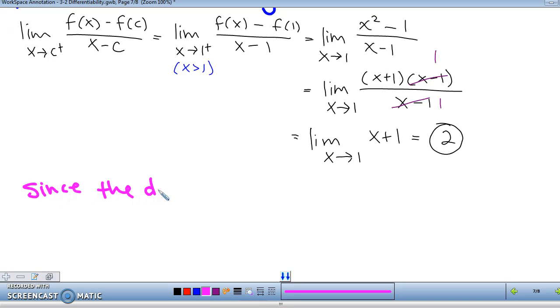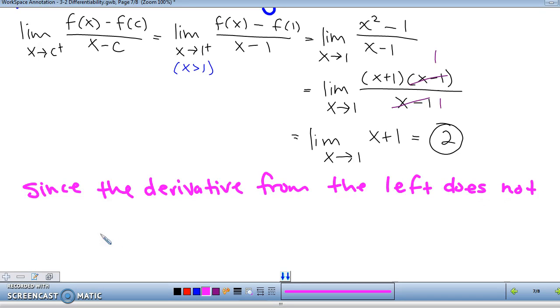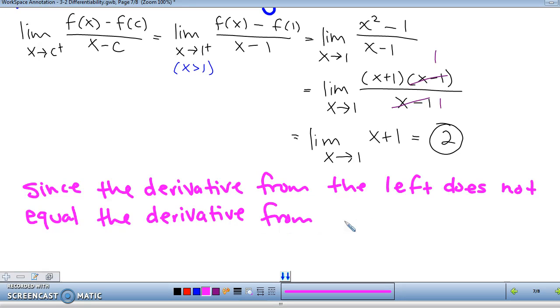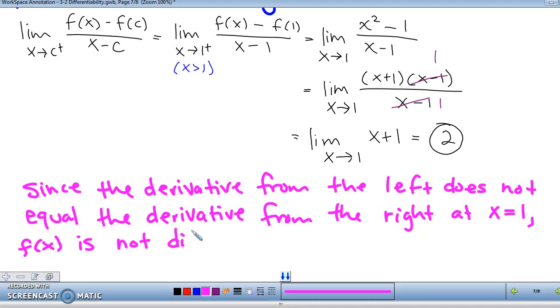Since the derivative from the left does not equal the derivative from the right at x equals 1, f of x is not differentiable at x equals 1.